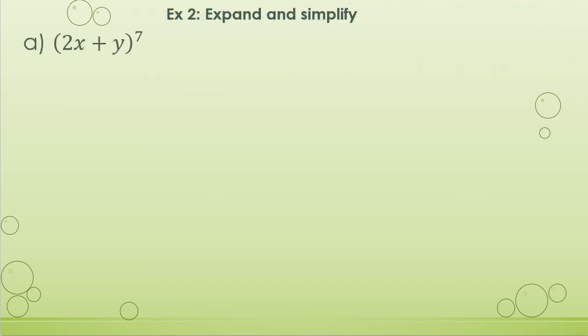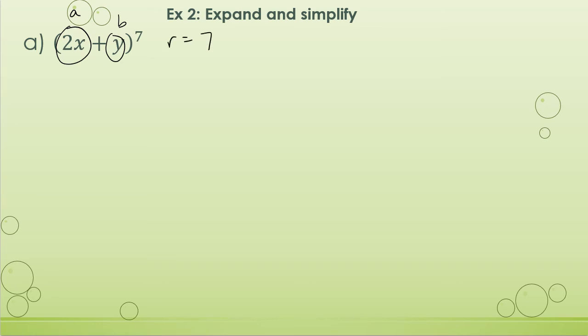All right, now that I hope we get an idea of what we're doing, we are going to kick it up a notch. First thing, you might want to identify what a and b are. So 2 to the x, or 2x, is your entire a term. y, that is your entire b term.